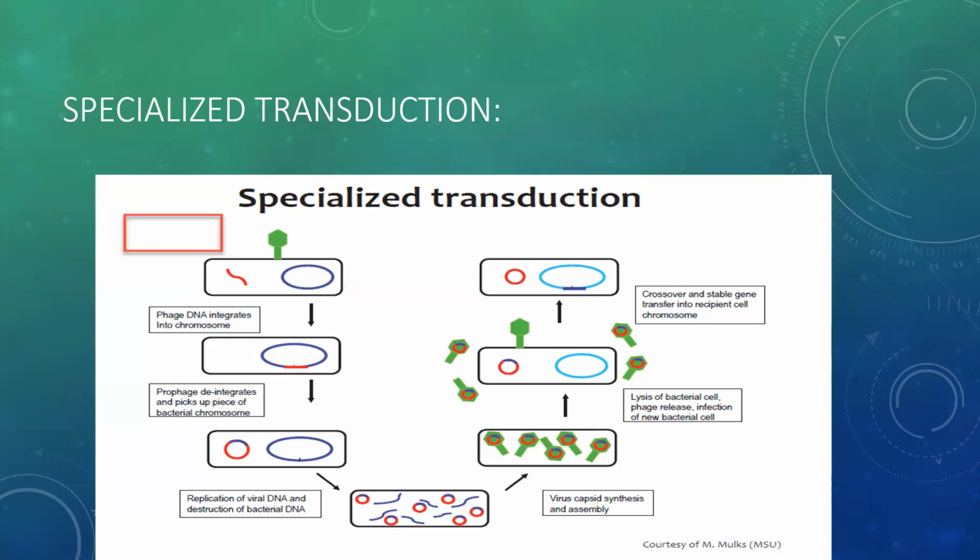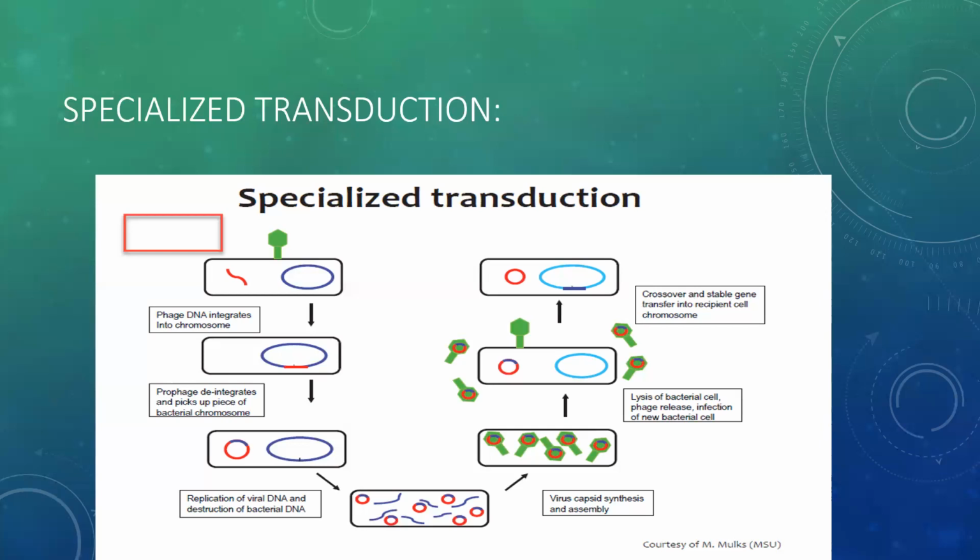Then the lysis of the bacterial cell occurs, where these phages get released, and now they are within the environment where they can infect a new bacterial cell. Now the next step is crossing over, and stable gene transfer into the recipient bacterial cell chromosome, as we discussed about the GAL gene right now.